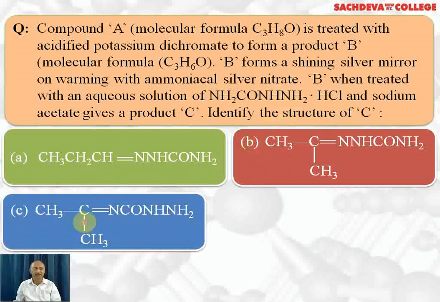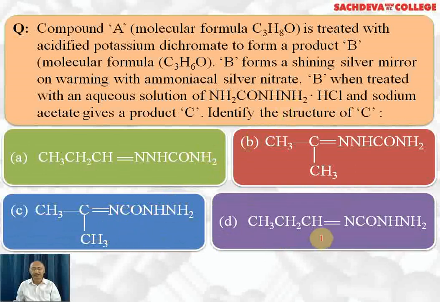This is also acetone, it is not possible, and this side, this hydrogen we cannot remove at all. So this product is not possible. Same way here also we have selected the wrong hydrogen. Hydrogen cannot be removed from here because it has this nitrogen and the carbon has double bond character, so it cannot lose this hydrogen. Only this hydrogen can be lost, therefore A is the correct product.